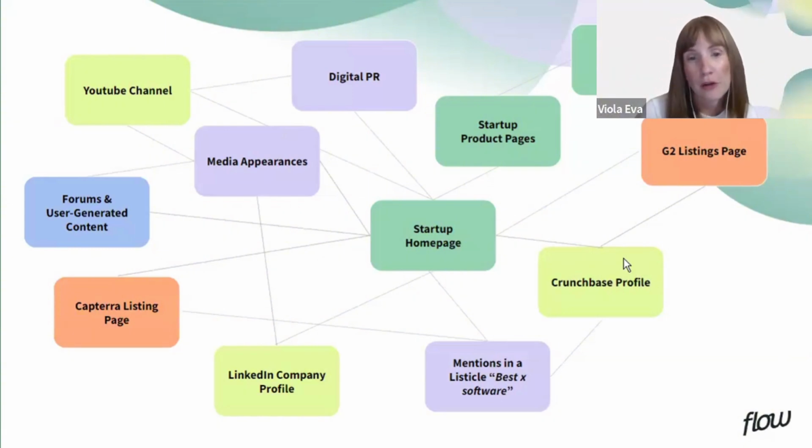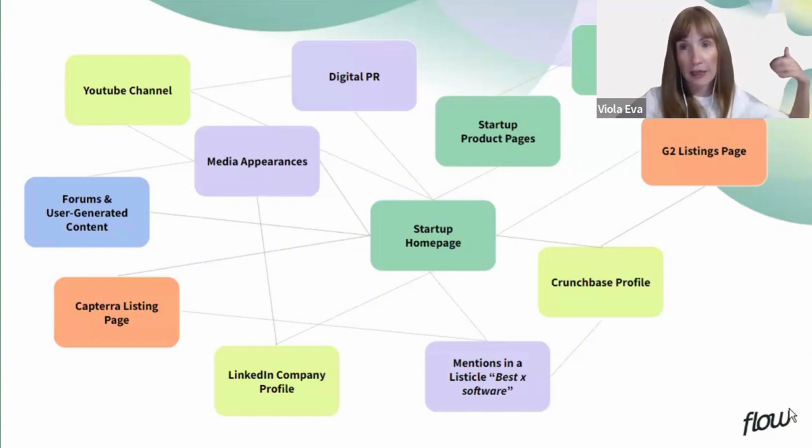So make sure that you're mentioned in listicles, like best onboarding software. You want to be on there. But also make sure you're speaking with your digital PR team, making sure that media appearances, founder interviews, podcasts, webinars, etc. Again, these are things where we're progressively losing control, but these are spaces where other people talk about us, and we want to make sure they talk about us in a way that's aligned with our narrative.